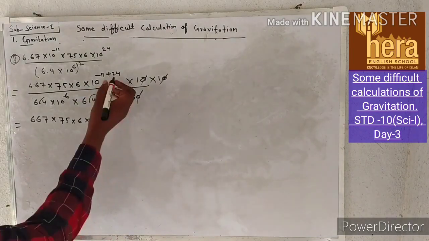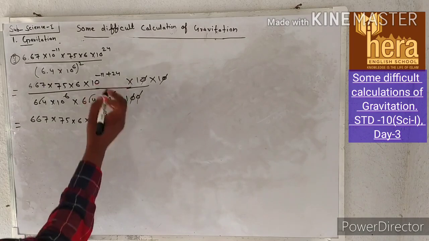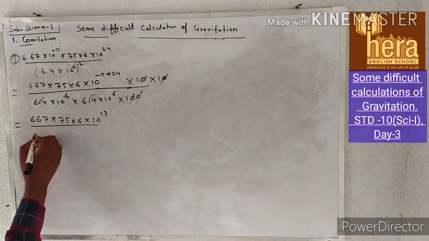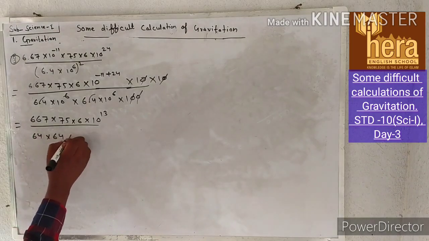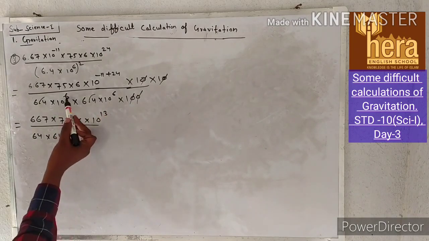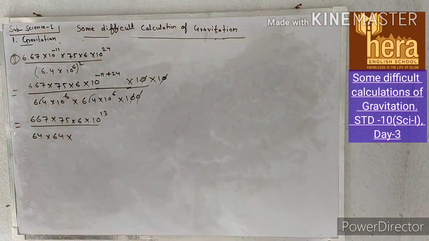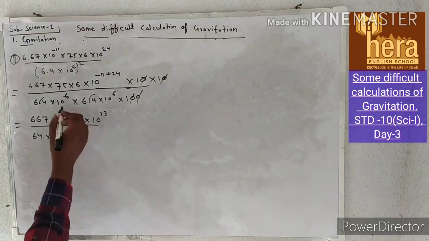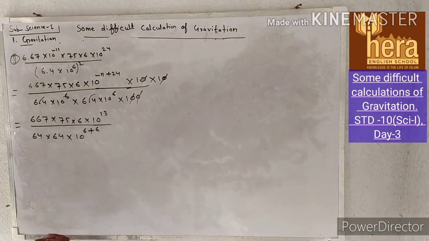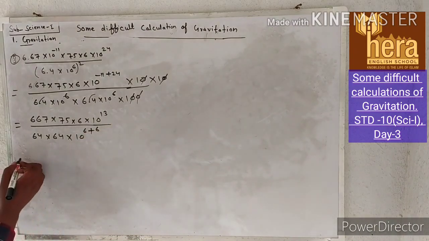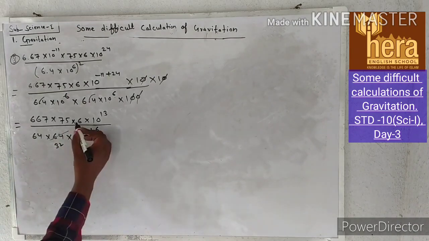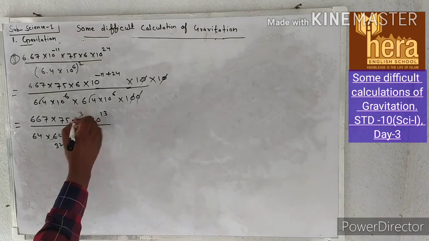That will be 13. Divided by 64 into 64 into. Here is base 10, base 10. 10 raised to 6, 10 raised to 6. It means 10 raised to, the index will be added, 6 plus 6. 3 to the 6.